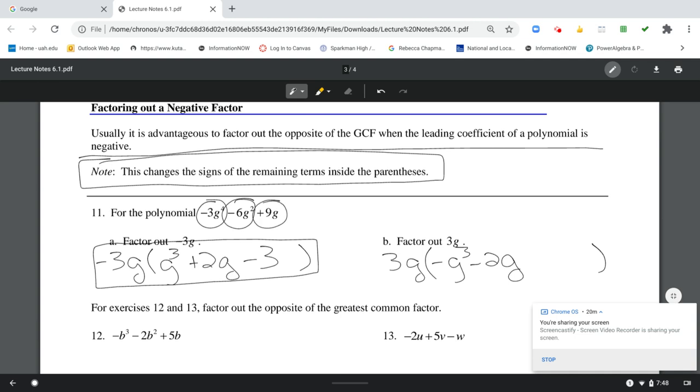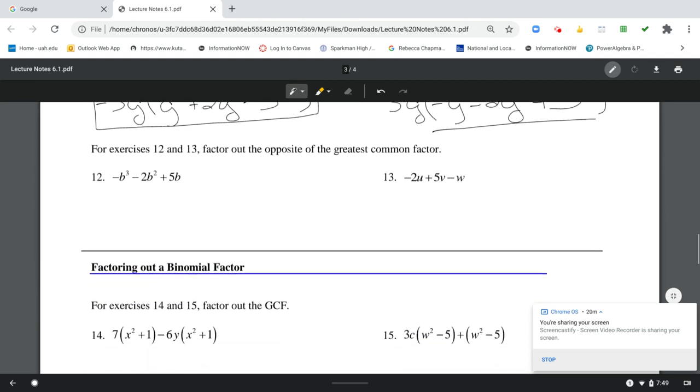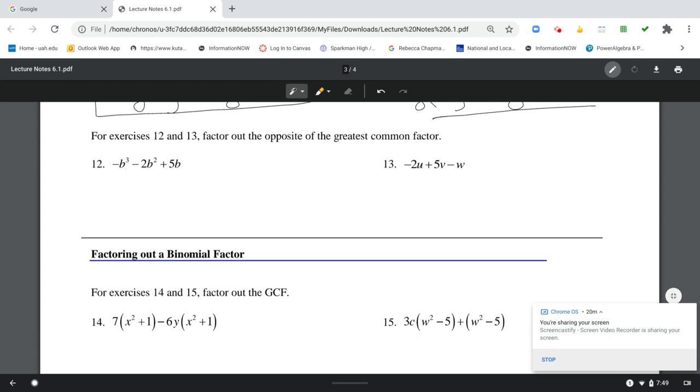And positive 9 divided by positive 3 stays positive 3. So notice that my signs did not change when I factored out a positive. So it is extremely important that you pay attention. If that leading number is negative, pull the negative out with it when you factor. So the next couple of examples are going to be doing just that.